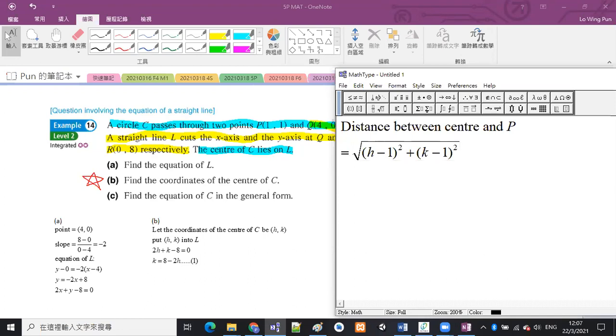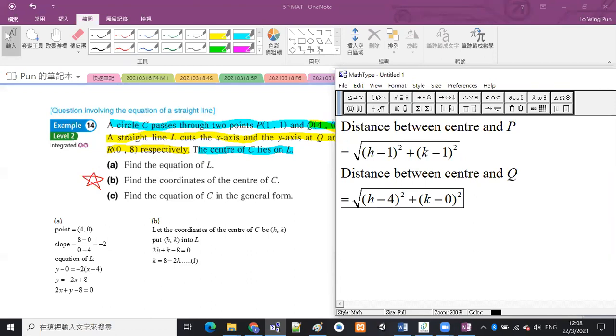Can you get this? And the distance between the center and point Q is equal to h minus 4 square plus k minus 0 square. 由圓心去到 point P 係咪就係個半徑嚟㗎？因為 point P 喺圓形嗰條線上面㗎嘛。由圓心去到圓形上面任何一點，嗰個距離咪就係半徑嘅距離。And the distance between the center and Q, another point on the same circle, is also equal to the radius.